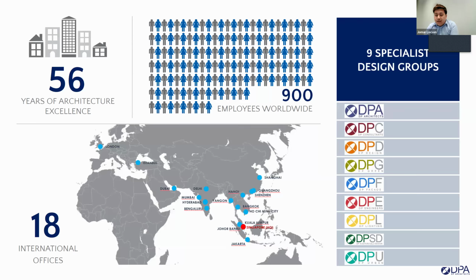DPA is currently on its 56th year of architecture excellence, with a strength of 900 staff worldwide, geographically located in 18 international offices, and Singapore as our base headquarters. We have 9 specialist design groups. We have a team of architects, engineers, interior designers, urban planners, sustainability designers, project managers, facade, landscape, and lighting designers.